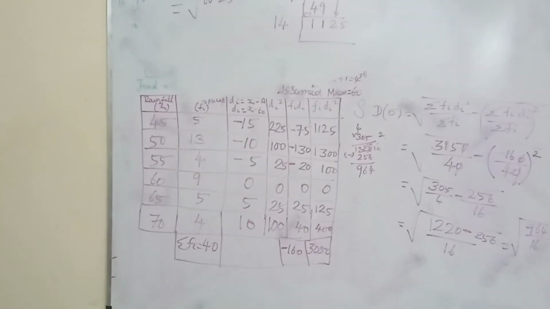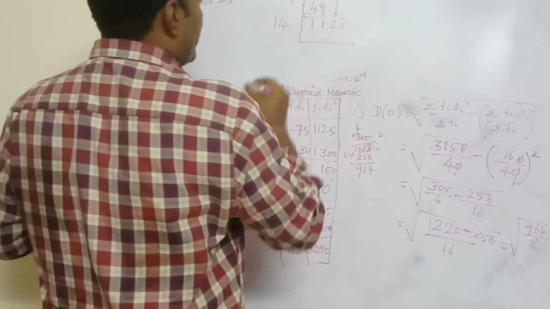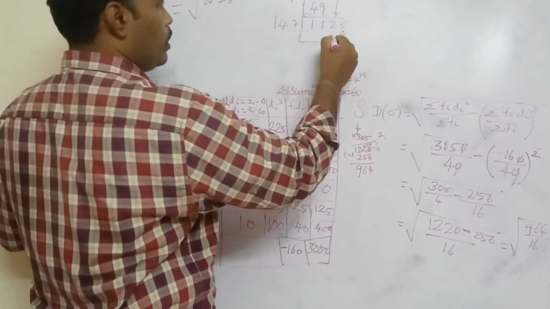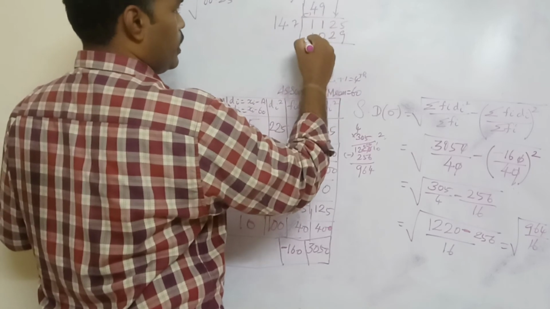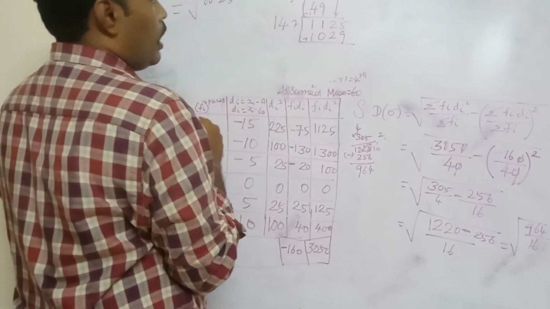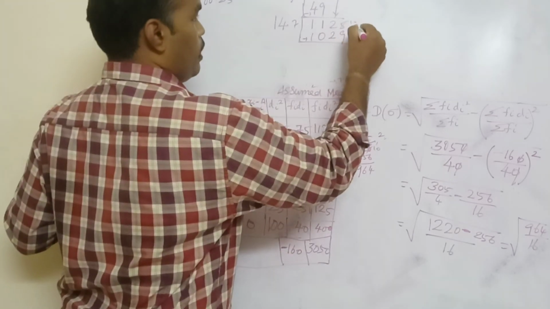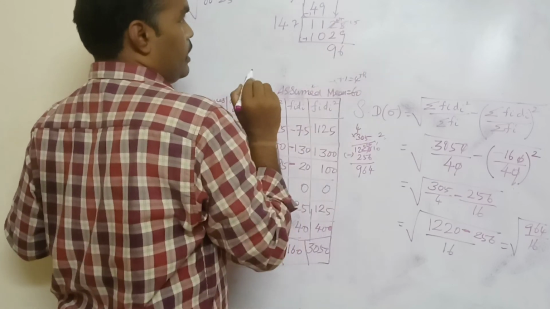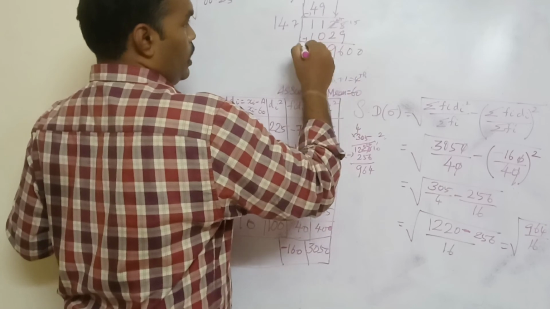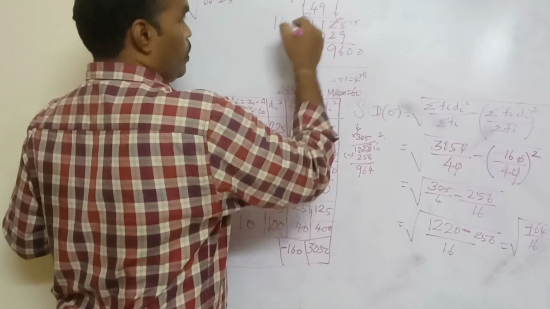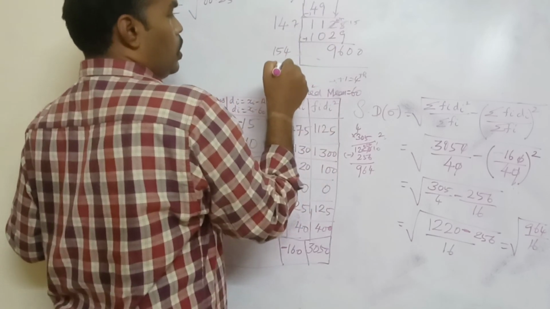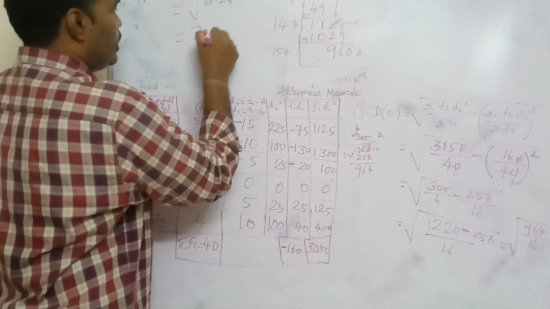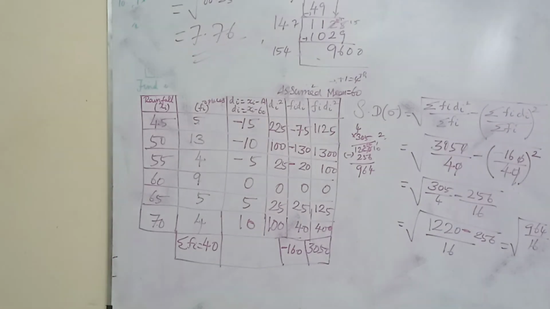Working through the long-division method, the value comes to 7.76. So 7.76 is the answer, the value of the standard deviation.